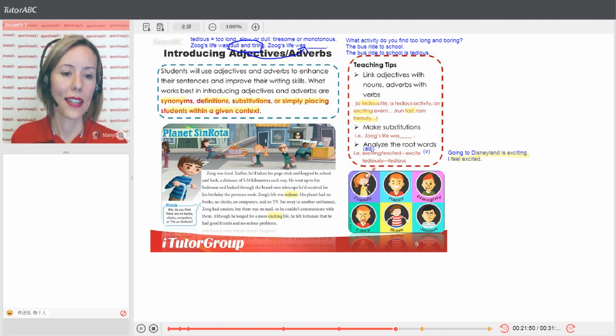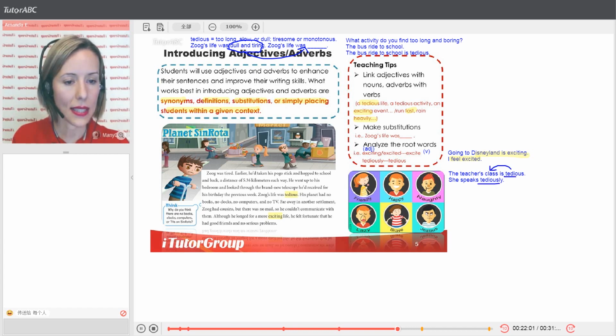She speaks tediously. So they can see how each is used. You might draw attention to tedious here is describing class. Tediously here is describing a verb, the way someone speaks.